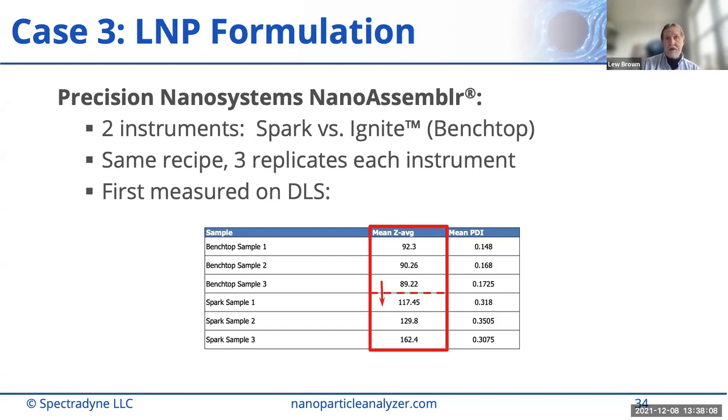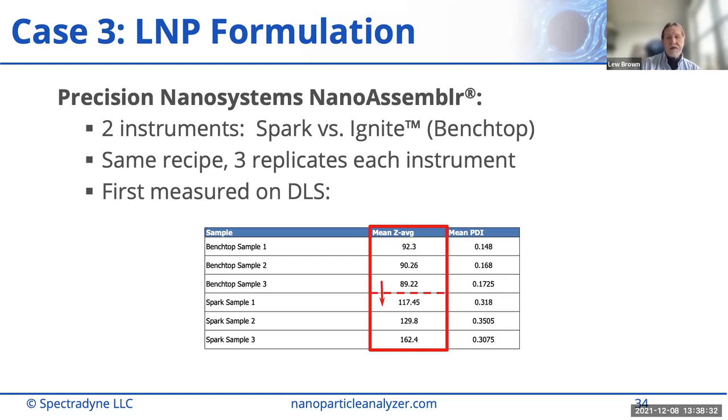You can see 92.3, 90.26, 89.2 nanometers. So roughly 90 nanometers, pretty consistently produced, okay? And if you look over at the PDI, the PDIs are pretty reasonable as well. I always say that it should be below 0.2 to get a reasonable estimate.